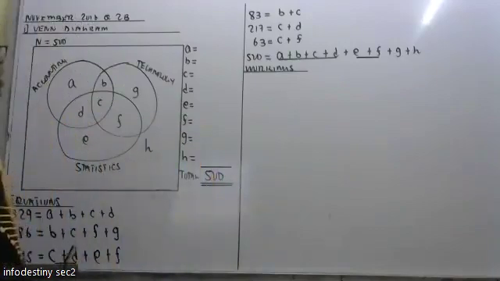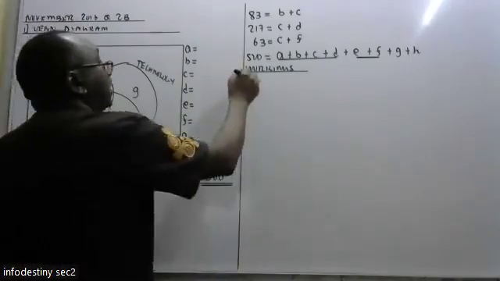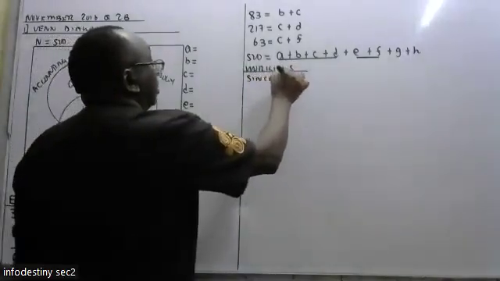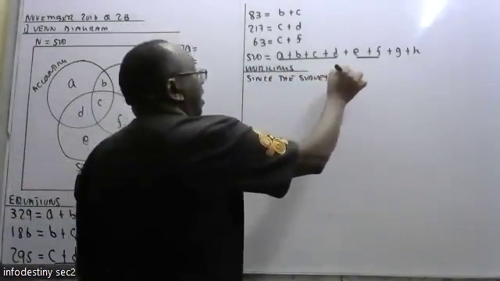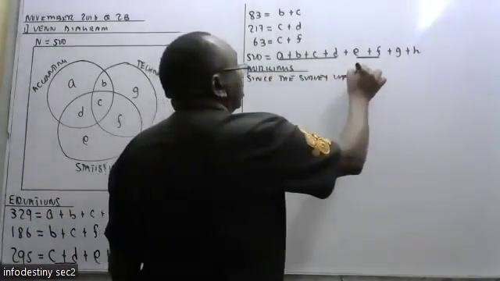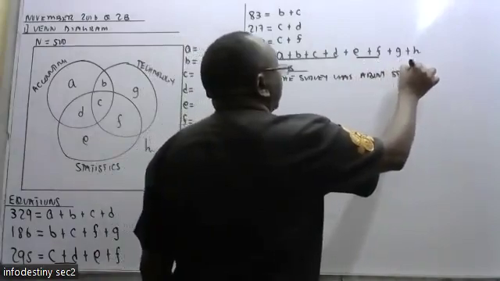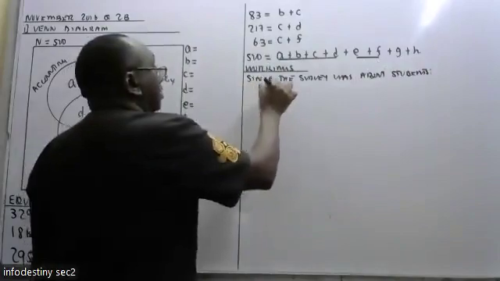The literature is about students, where you come here and say, since the survey was about students, H must be 0.